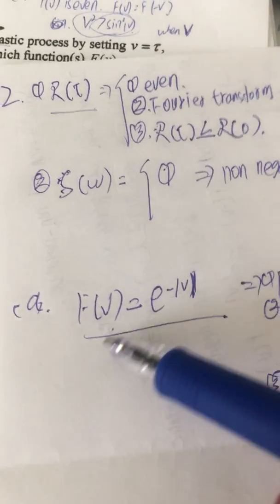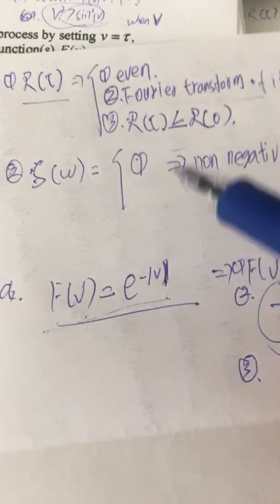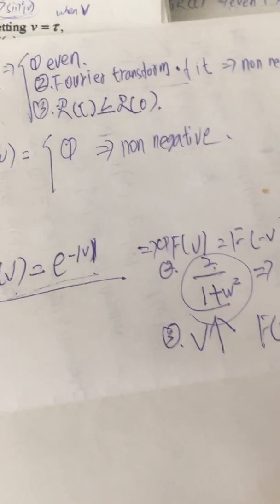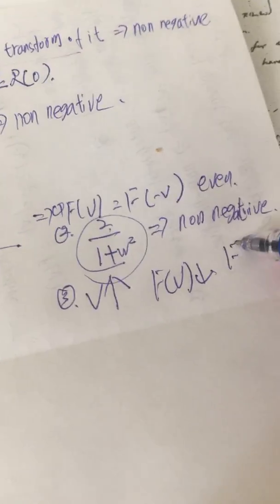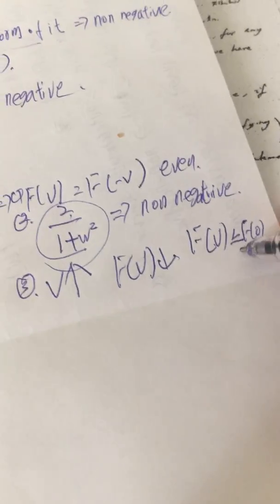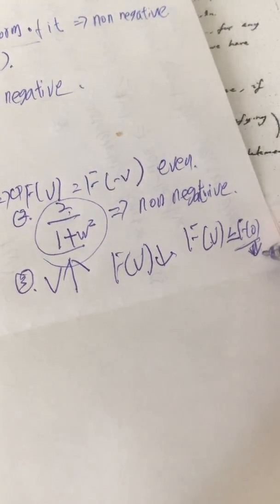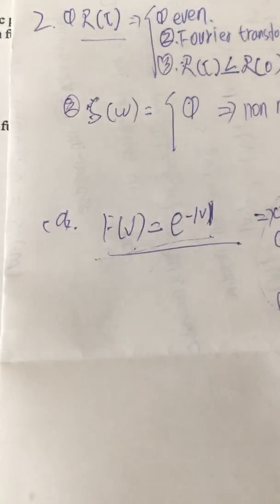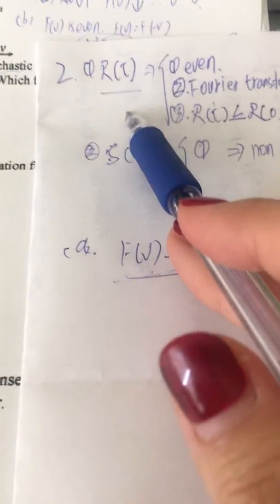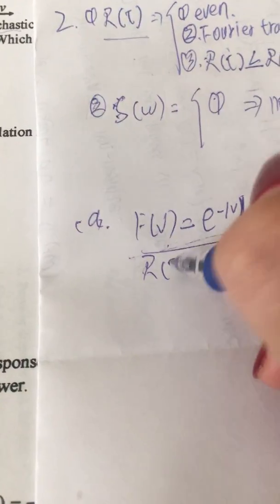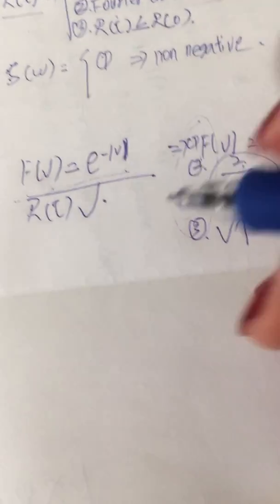Next, we know for this function, when v increases, f(v) will decrease. So it's easy for us to know f(0) is 1. So it meets the three conditions of an autocorrelation function, so it should be an autocorrelation function.